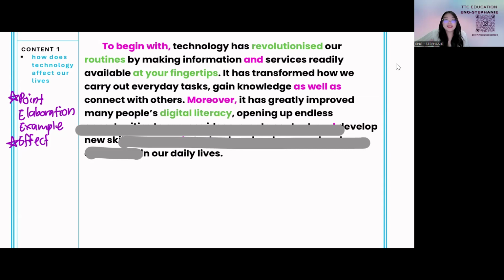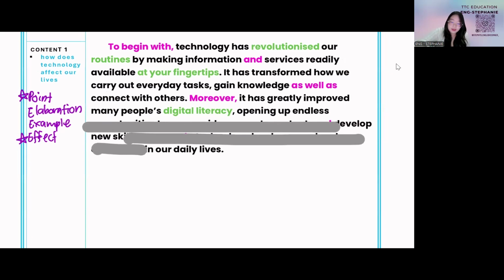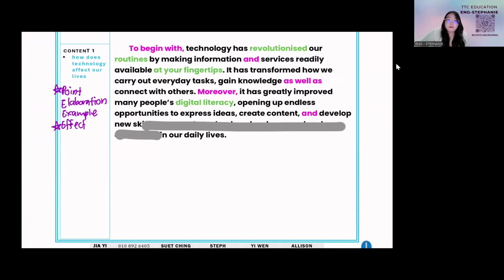It has greatly improved many people's digital literacy, opening up endless opportunities to express ideas, create content. You just have to think about what you have used social media to do, okay? And develop new skills. As a result, technology has become deeply embedded in our daily life.